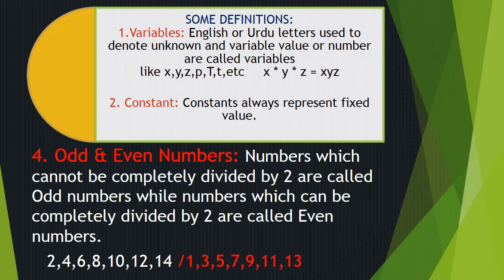Variable is actually an English or Urdu letter which is used to denote unknown and variable values or numbers. Variable always takes variable values. It is clear from the name that it will not take a fixed value, but it will take variable values. In different problems, it takes different values.